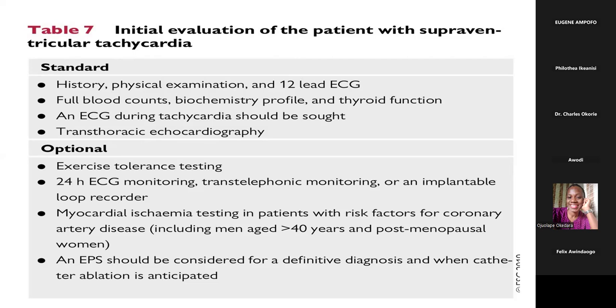Then an ECG during tachycardia should be sought if possible, because it is during those periods that the ECG will likely be positive in these patients. And then transthoracic echocardiography, optional exercise tolerance testing, and then 24-hour ECG monitoring or an implantable loop recorder. Then EPS, electrophysiological studies, should also be considered for a definite diagnosis, especially when catheter ablation is anticipated.